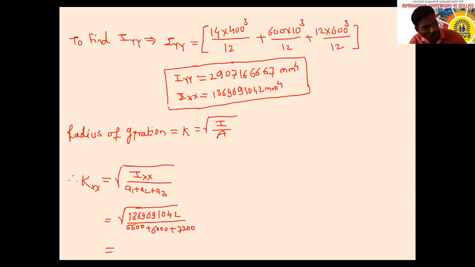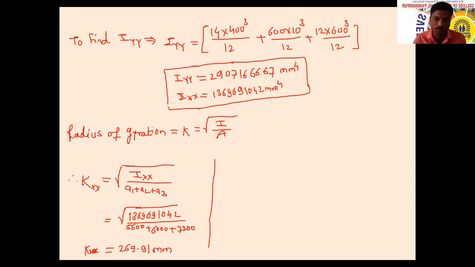Let's check where we have committed a mistake. Calculate Kxx. 269.91. Unit will be what for Kxx? Meter? mm. Kxx in mm.